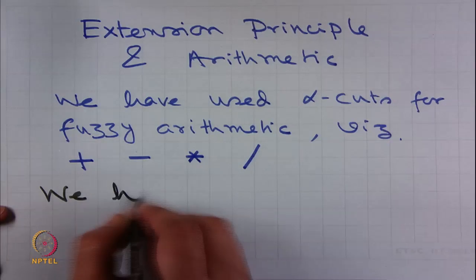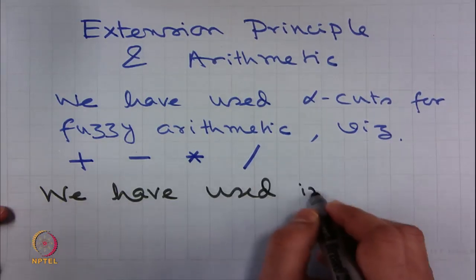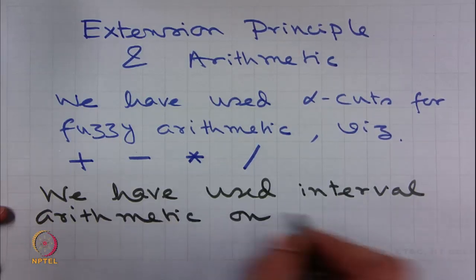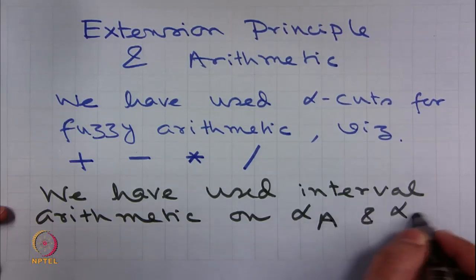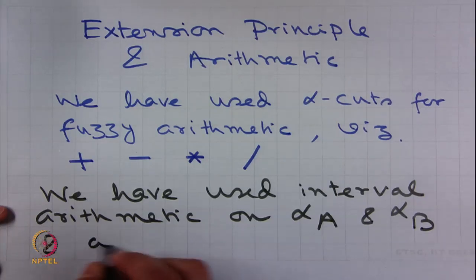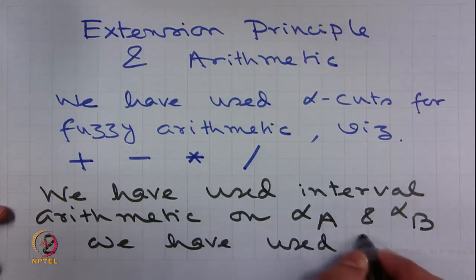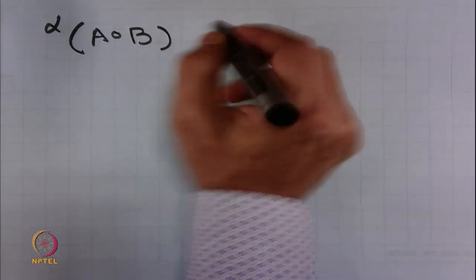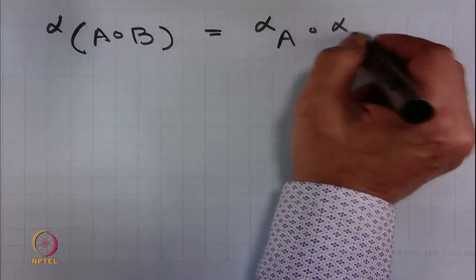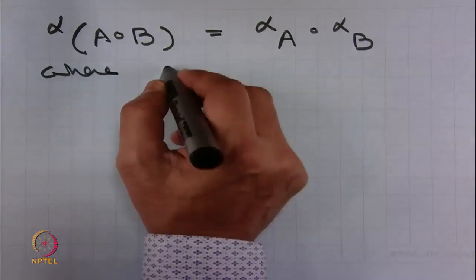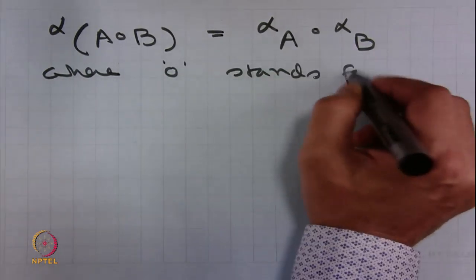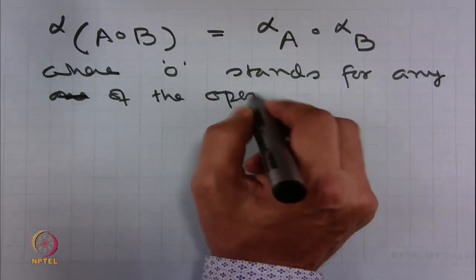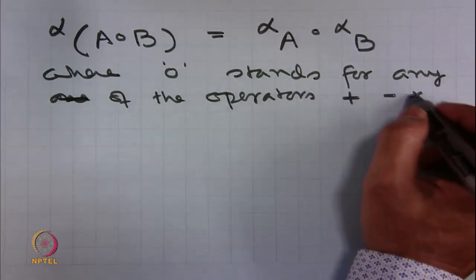We have used interval arithmetic on alpha cut of A and alpha cut of B, and we have used that alpha cut of A O B is equal to alpha cut of A O alpha cut of B, where O stands for any one of the operators plus, minus, star and division.